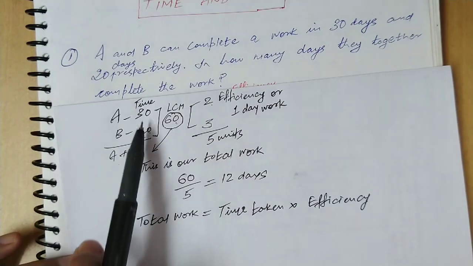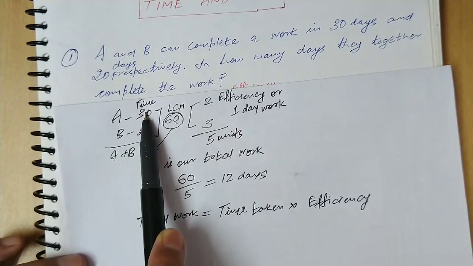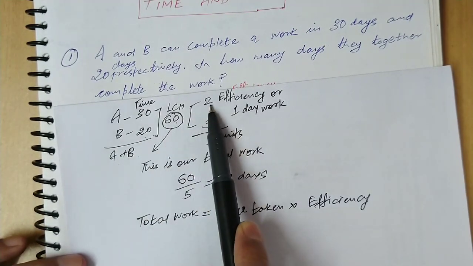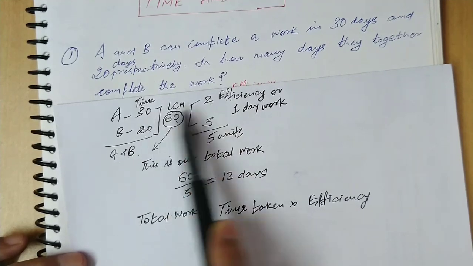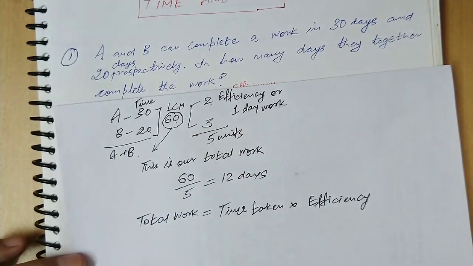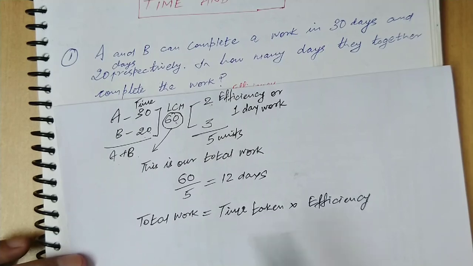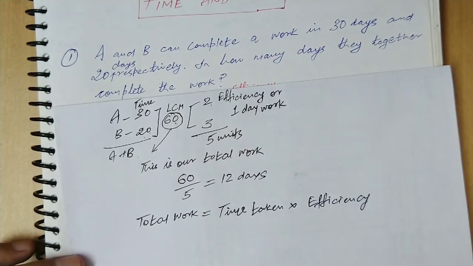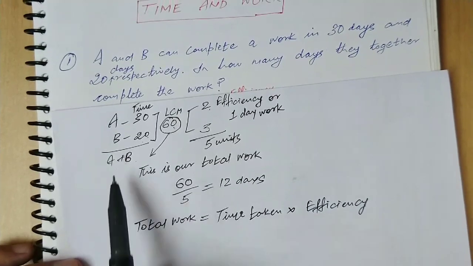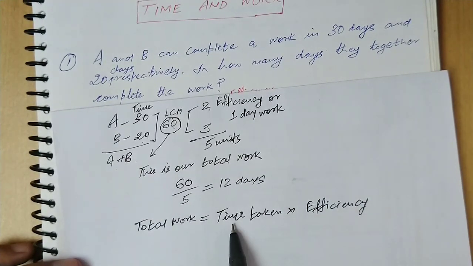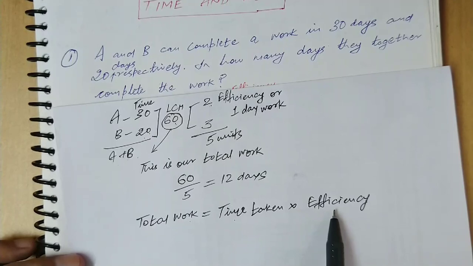So here if we see 30, which is our time taken, into 2, which is our efficiency, 30 into 2, we get 60 as our total work. So in this question we were told to find how much time was taken by A and B. So time taken will be total work divided by efficiency.